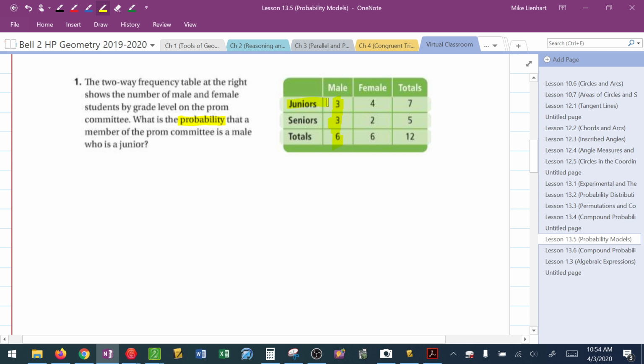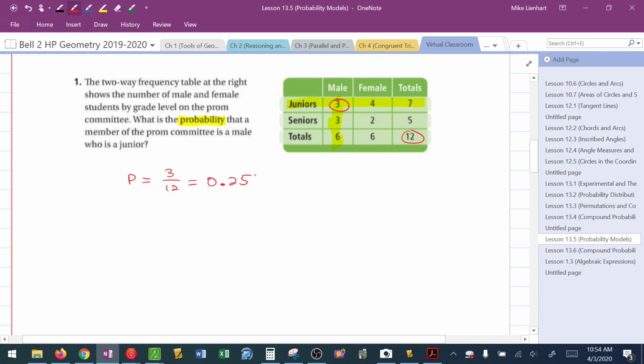My juniors would be that column. I know the two of these are going to meet right there. There are 3 male juniors out of how many total people? 12. So the probability here is simply 3 over 12, which would be 0.25. I didn't need a calculator to figure that out.